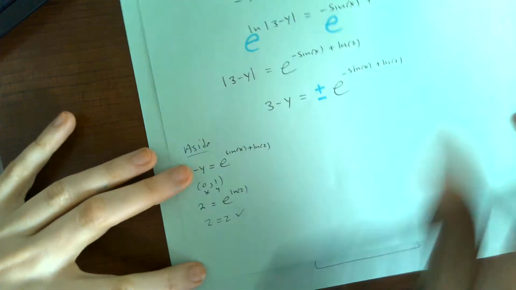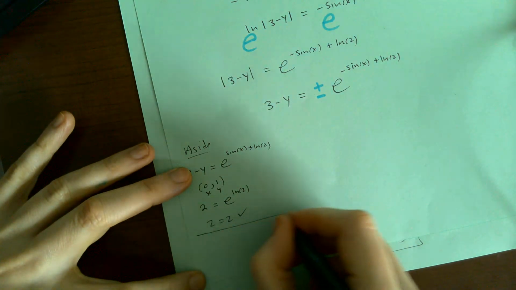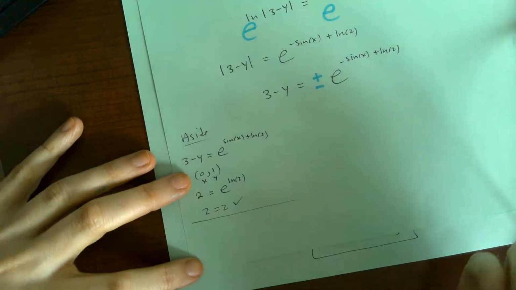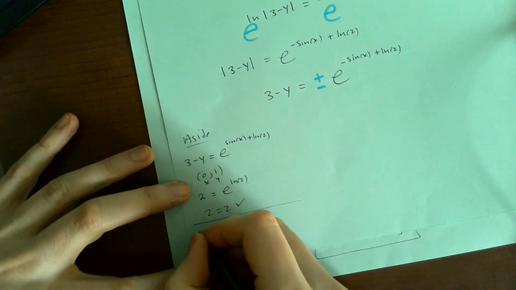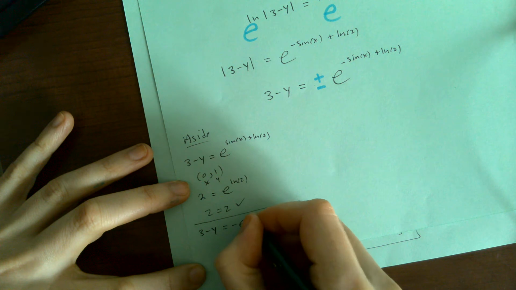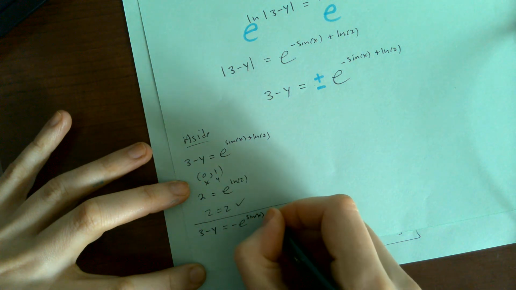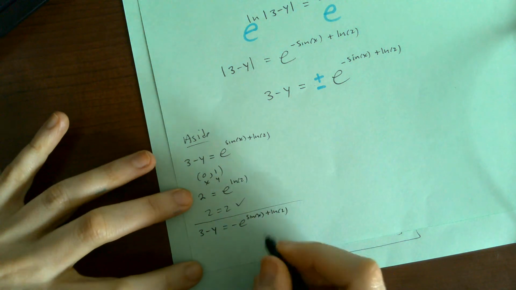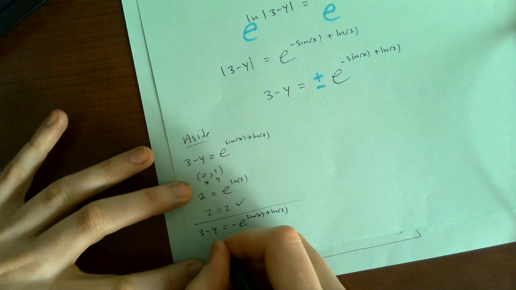Let me make sure the negative one doesn't work, because if they both work, then I've made a mistake. So 3 minus y equals negative e to the sine of x plus natural log of 2.